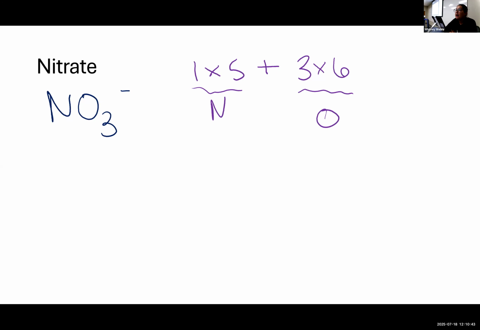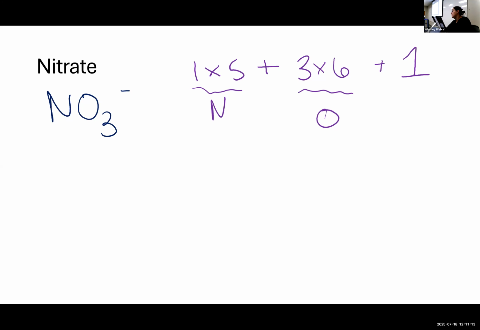If it was a positive charge, it would have fewer electrons. So if I have just a -1 charge, I have to add a 1 because I have one extra electron. If it was a 2-, you'd have to add 2. If it was 3-, you'd have to add 3. If it was a +1, you would have to take out 1. So that sign tells us, is it extra electrons or fewer electrons?